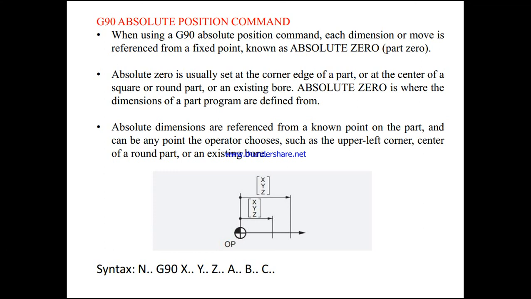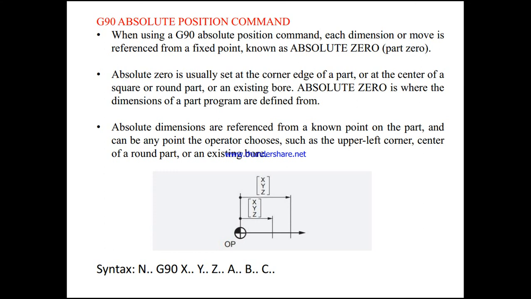That fixed point is known as absolute 0, which is usually set at the corner edge of a part, or at the center of a square or round part. Absolute 0 is where the dimensions of a part program are defined from.